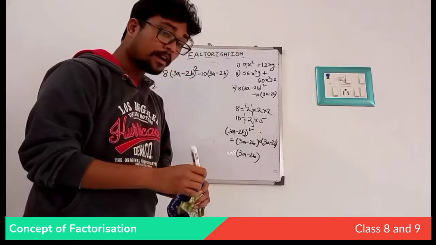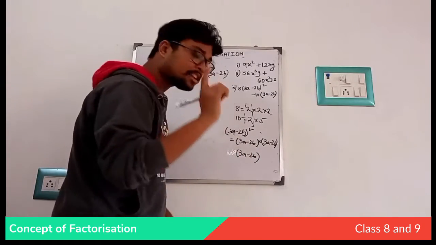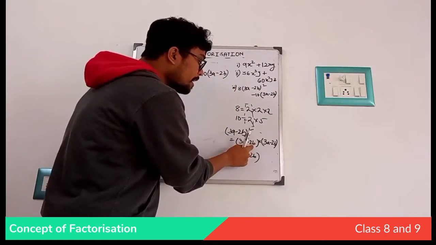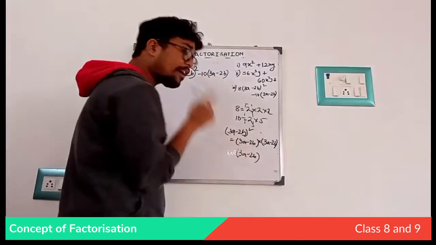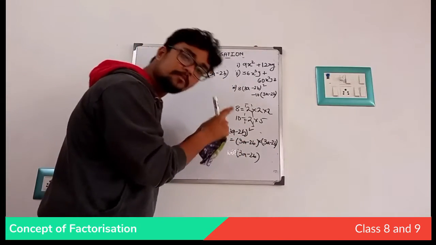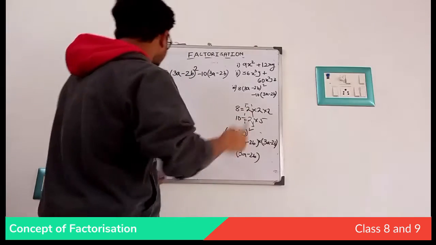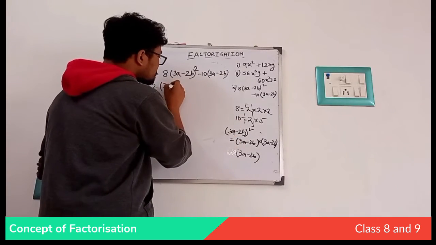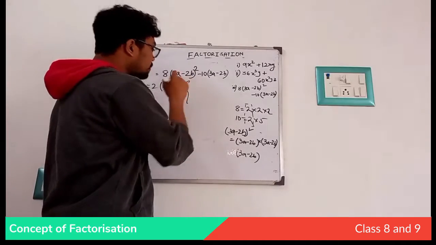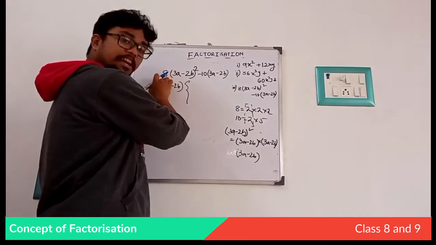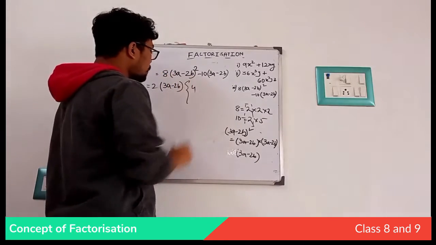So what is the common part? The common part is one (3a minus 2b). From here we take out one (3a minus 2b), and here we only have one (3a minus 2b). So 3a minus 2b is the common part. Fine. So what happens? If I divide 8 by 2, what will we get? 4.